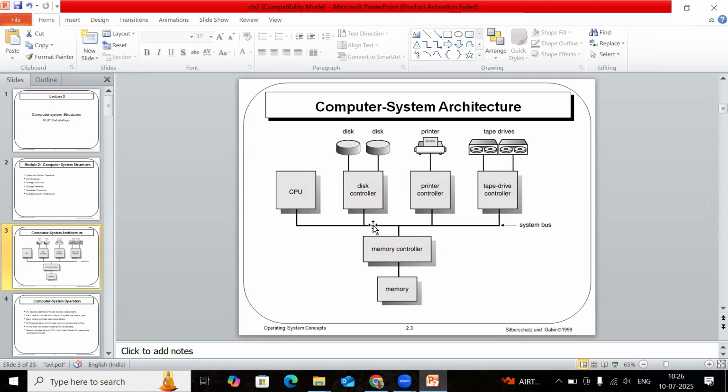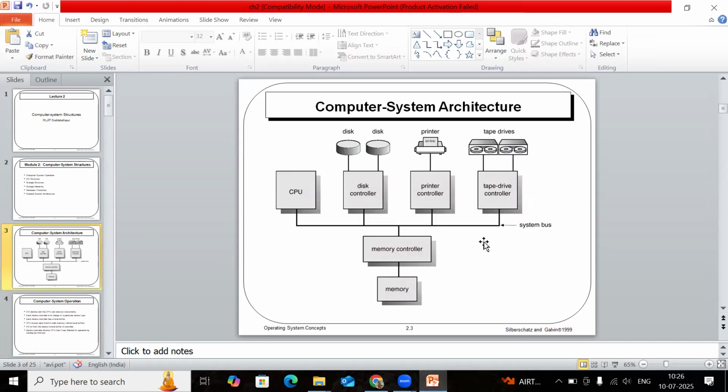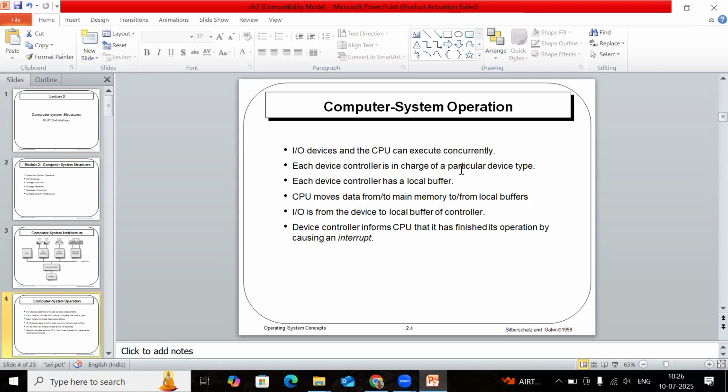The shared memory controller allows input/output devices and the CPU to execute concurrently. All devices execute concurrently. Each device controller is in charge of a particular device.